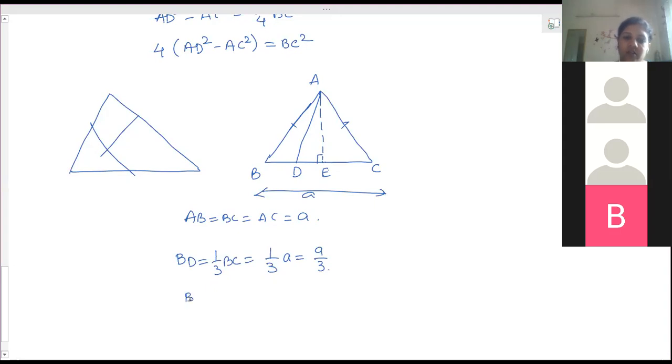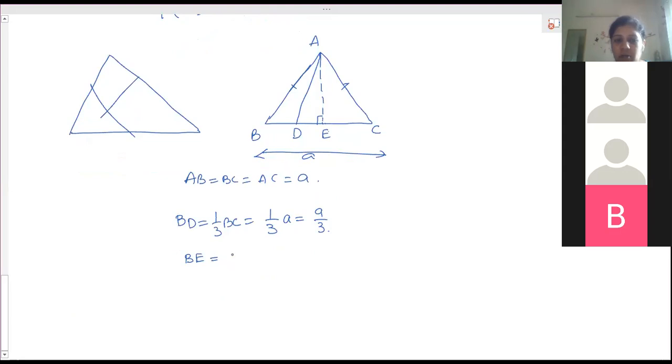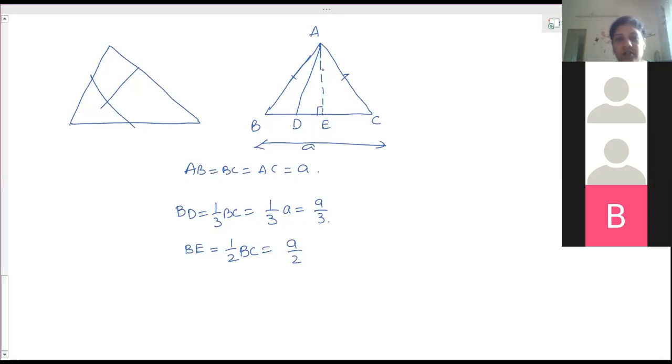So what is BE? BE will be 1/2 of BC. That means it is A by 2. Clear? Now find out the distance, AE distance, DE distance. DE is equal to BE minus BD.